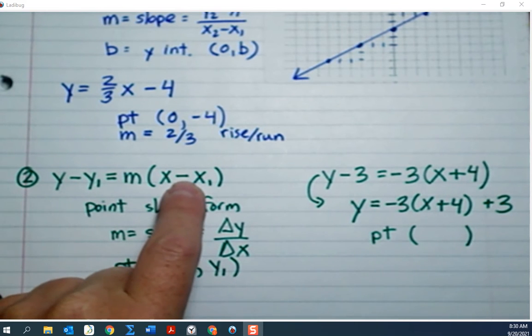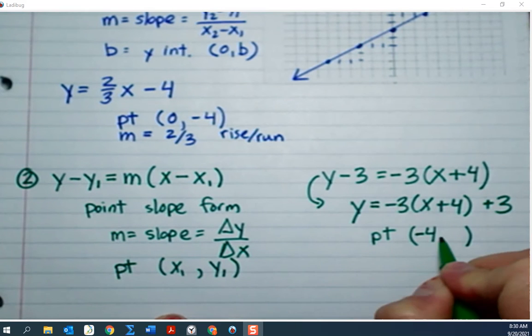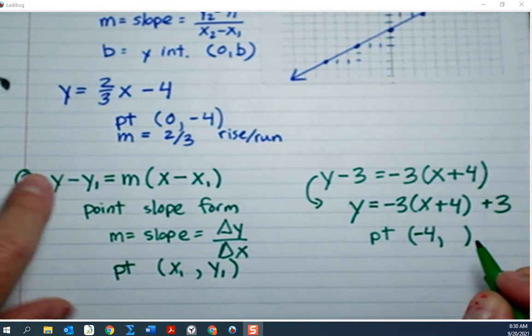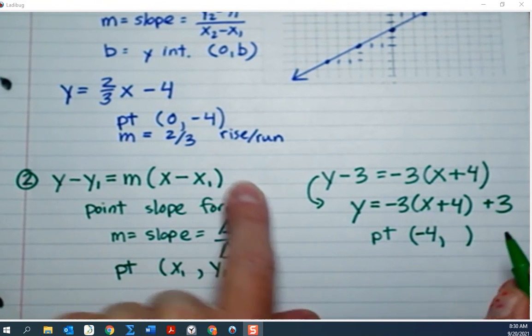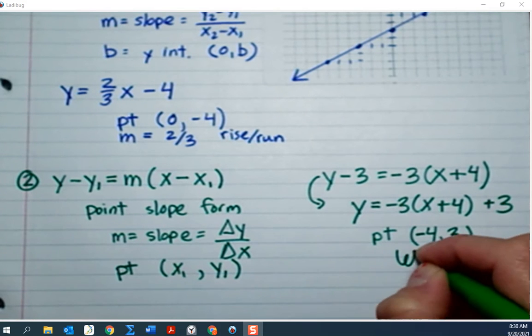Look at my format. See how the negative is built in? That means it's opposite. So this is left 4. Now remember I added this to the other side, up 3. So the x-coordinate is opposite. The y-coordinate is the same, just like in transformations. So I'm just going to make a little note.